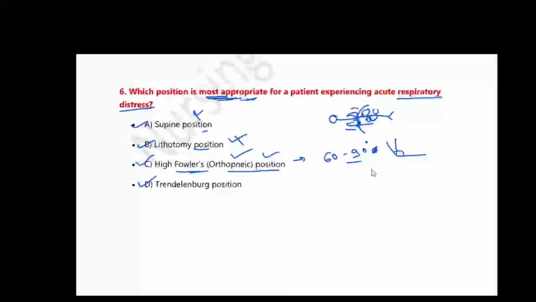Here the head will be low and the foot end will be somewhat elevated, head end will be lower, like this. Again it will cause pressure over the lungs because of the abdominal organs and diaphragm. Here the correct answer is orthopneic position.